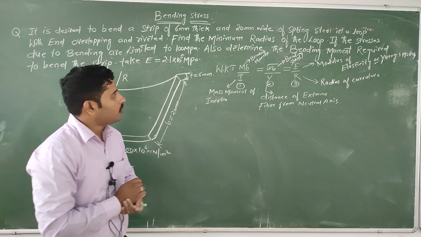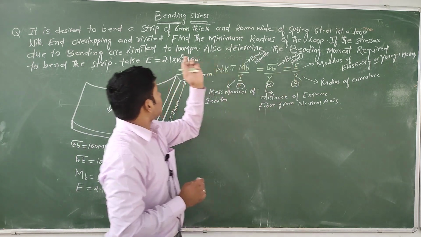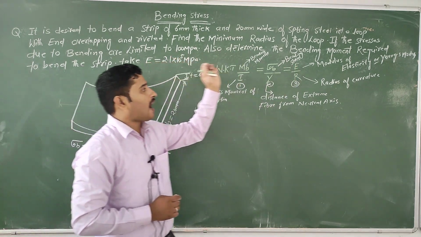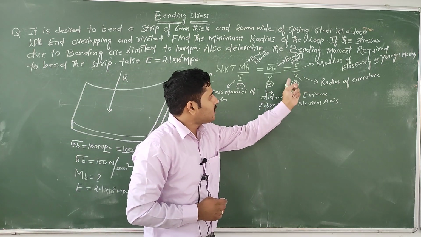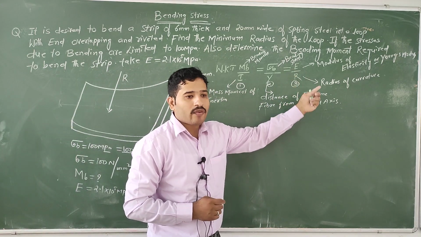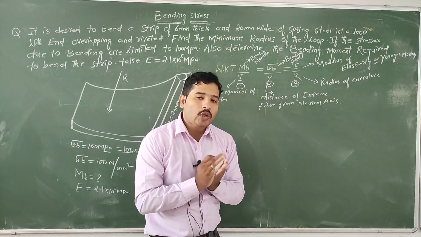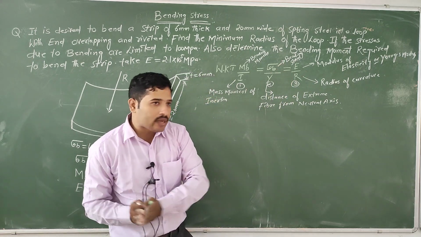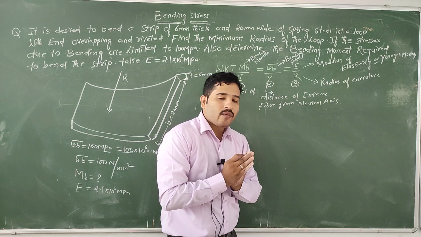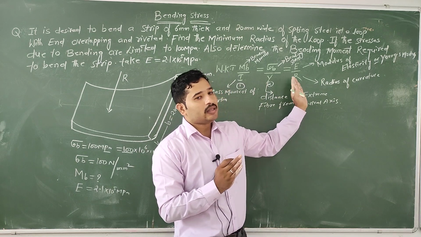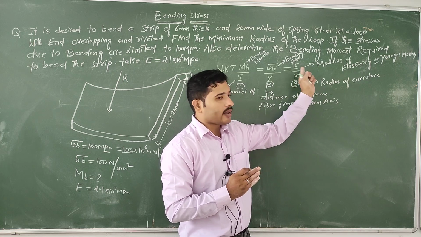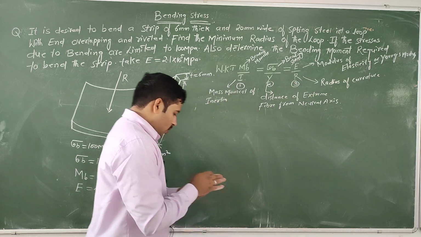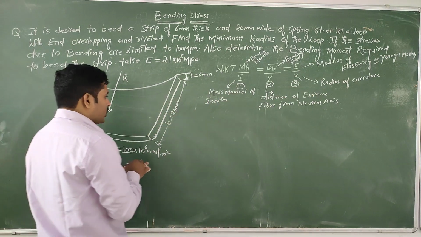The modulus of elasticity is already given. From that we can easily find the radius of curvature. Then we equate equation 2 and equation 3, and you will get the value of the radius of curvature. So now I am equating the equations.